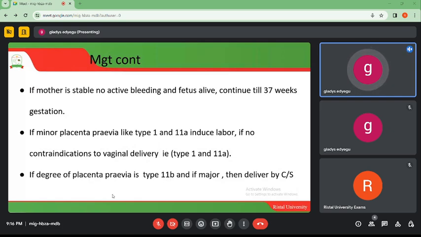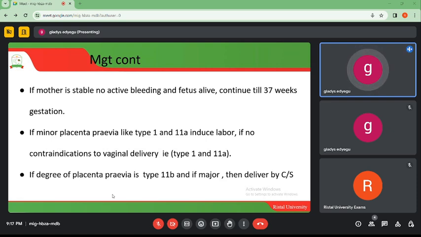But with the one that is anterior above, the baby can easily come out very well, like any other mother who does not have placenta previa. So we have to assess the type of type 2 placenta previa before we start conducting a normal delivery, or before we say this mother should be delivered by cesarean section.